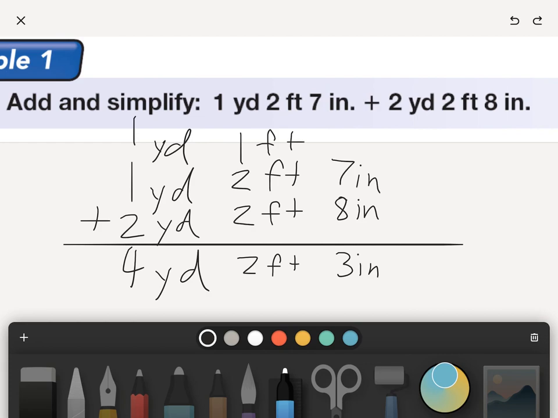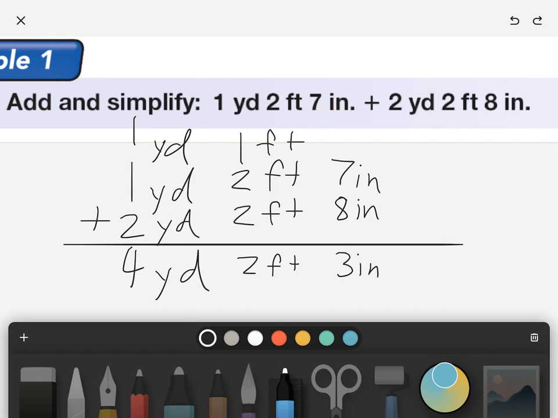Like if I just added these up, 7 plus 8 is 15, and then you can carry it over because 12 inches equal one foot. Okay, I'd like to hear her instead of you talking over her, please. And then you leave 3 over here, and then you take the 1 foot up there, and then I just don't get it from there.